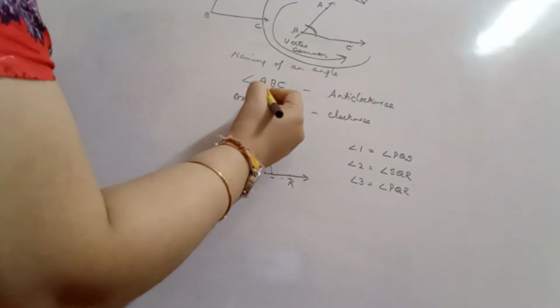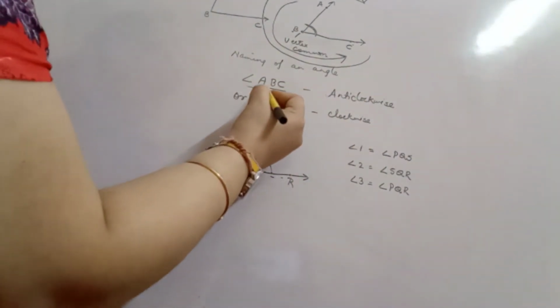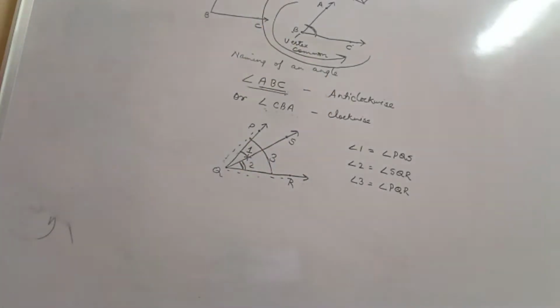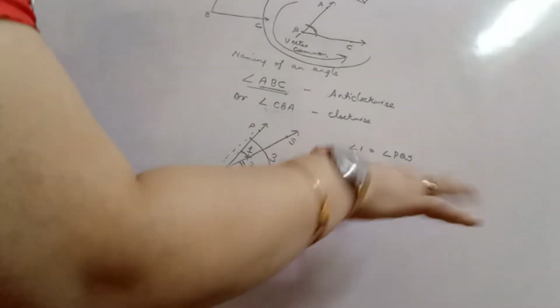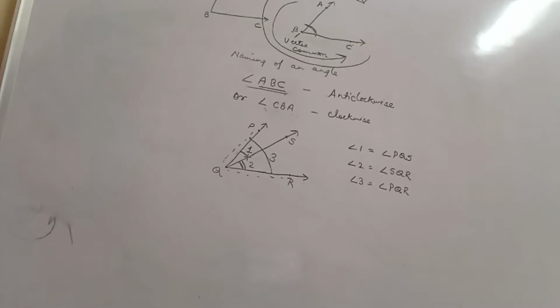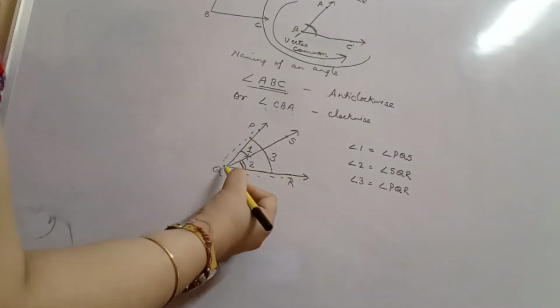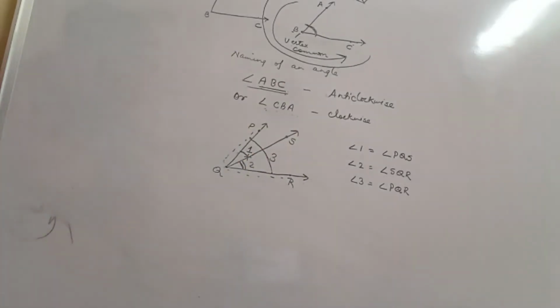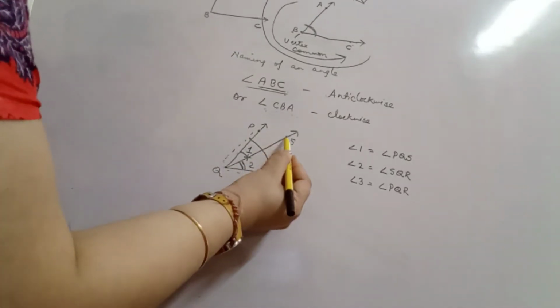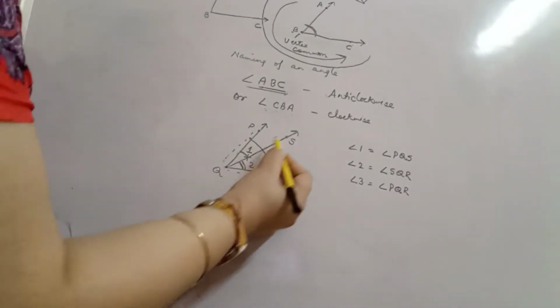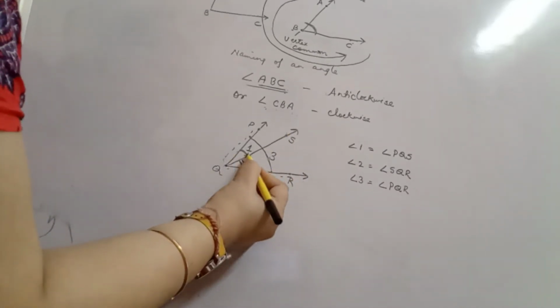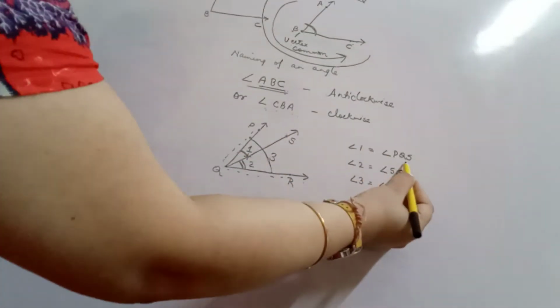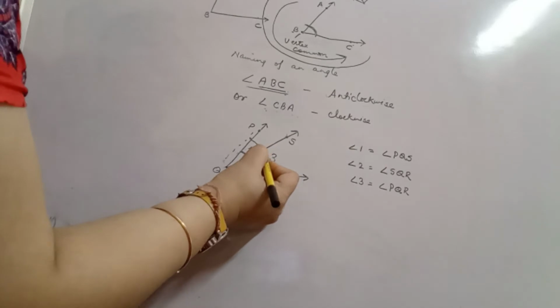Now likewise, I named here ABC and CBA. Here also you can reverse the naming, PQS or SQP. Can you figure out? PQS is angle 1. And what would be the other name for it?